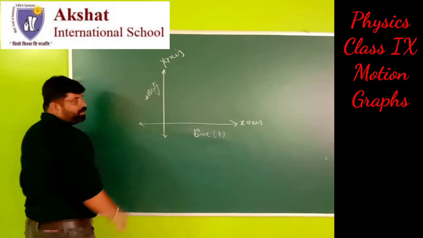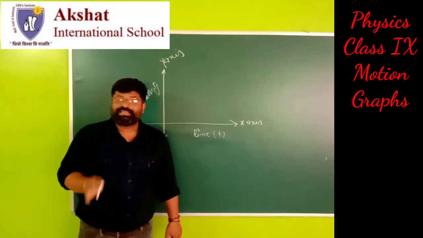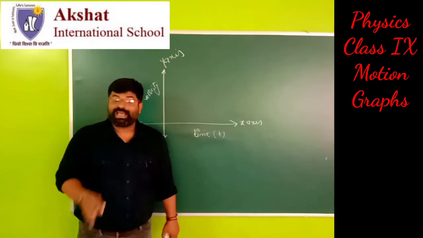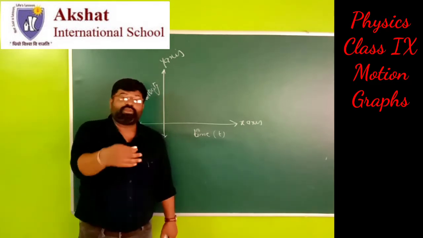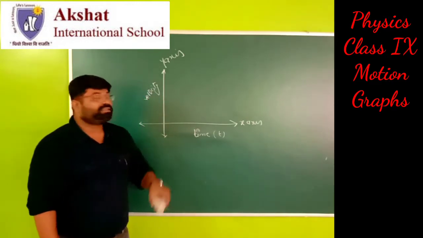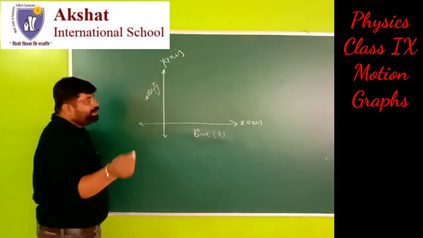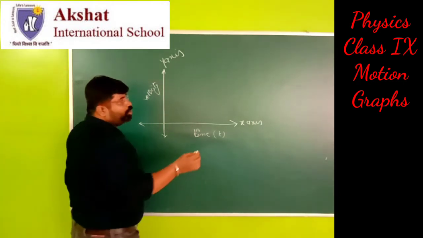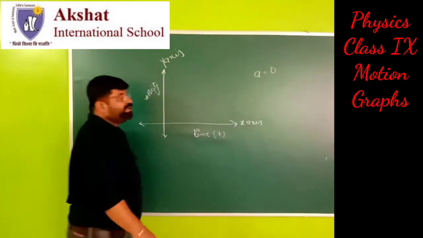Now in this graph we are going to find the area. And with that area, what physical quantity can we find by the area under the velocity time graph?